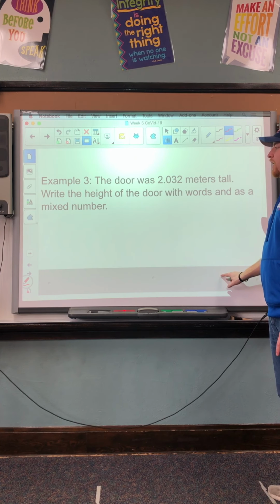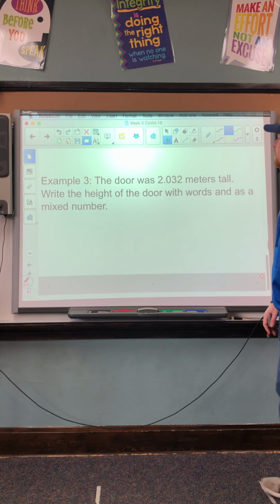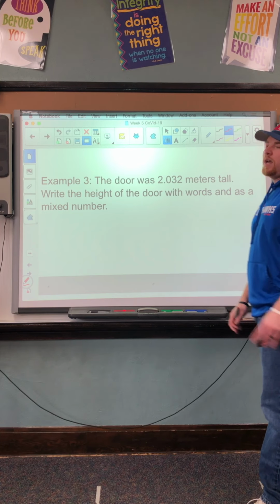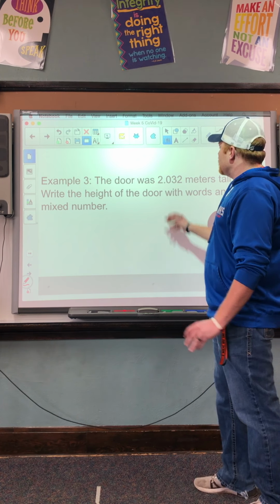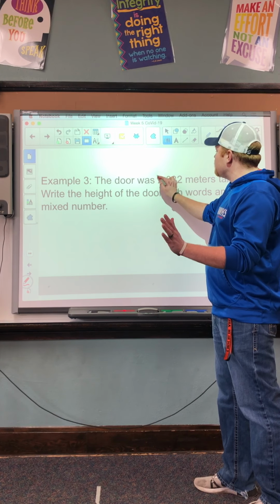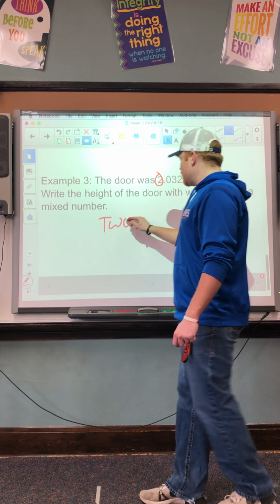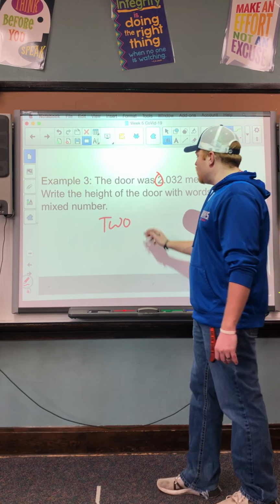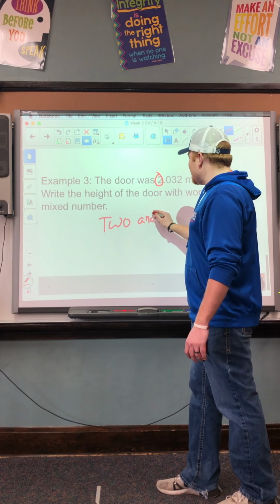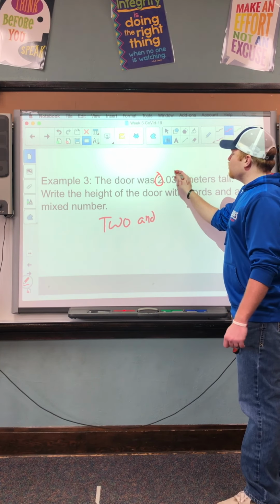And then example 3: the door was 2.032 meters tall. Write the height of the door with words and as a mixed number. Well, let's focus on words first. Everything to the left of the decimal is just the number 2. Then we have the decimal point, which we know in word form is "and." Now, everything to the right we say.